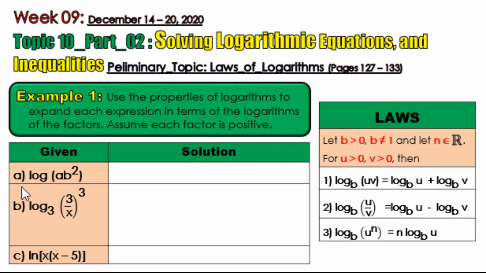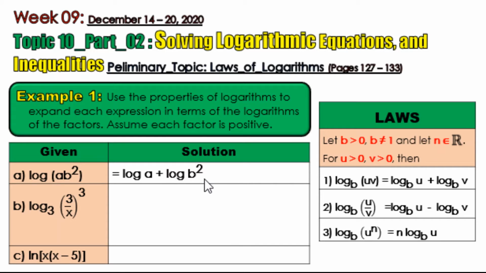Letter A. We have logarithm of a times b squared. So remember, this is the logarithm of the product of the two numbers. So therefore, applying the first law of logarithms, we have logarithm of a plus the logarithm of b squared. Okay, so product, we have addition.